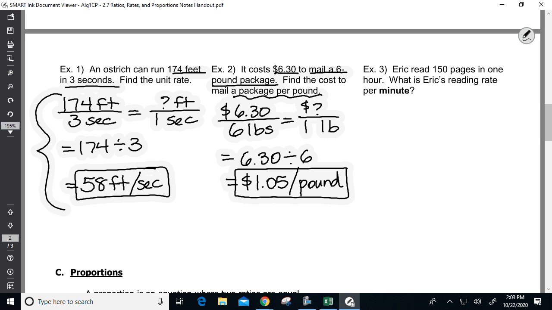So let's do example 3. Eric read 150 pages in 1 hour. What is Eric's reading rate per minute? So he reads 150 pages out of a book in 1 hour.